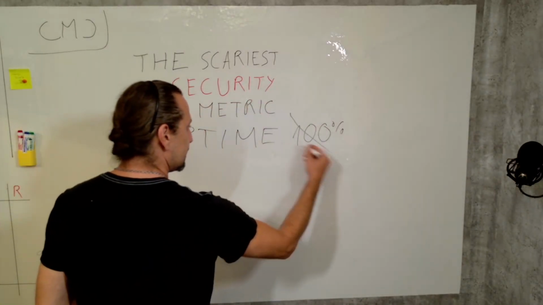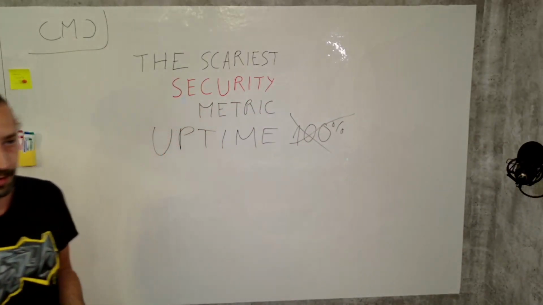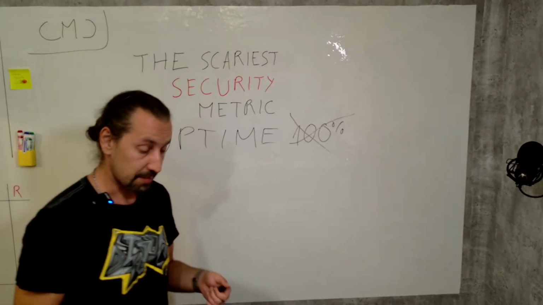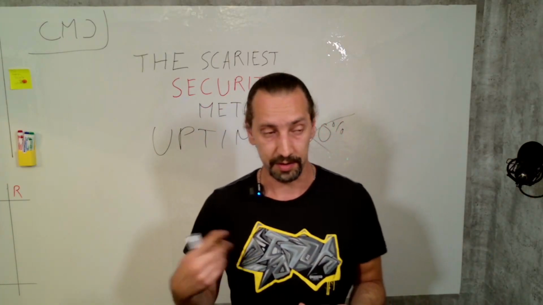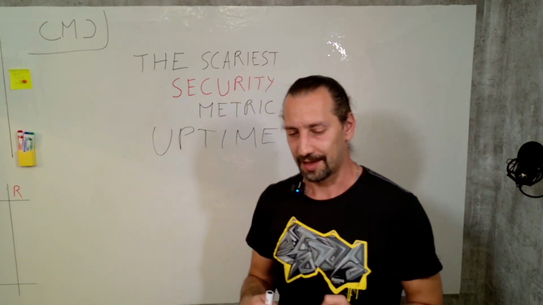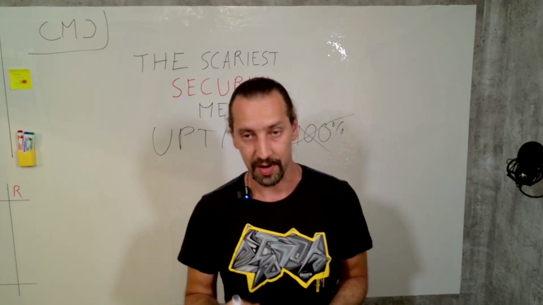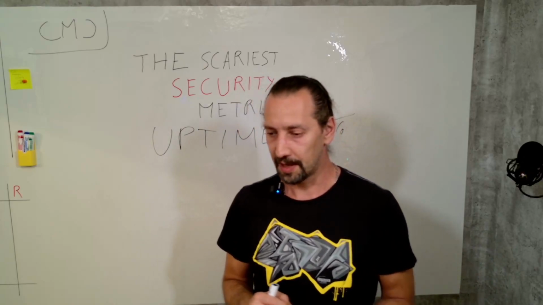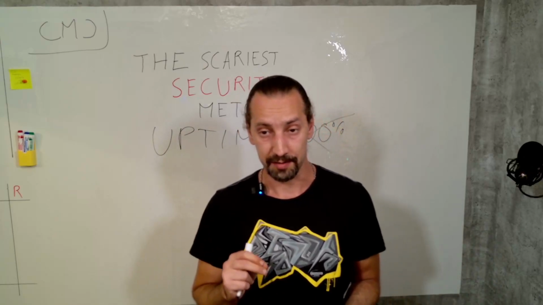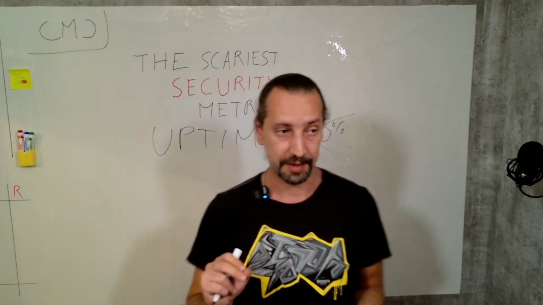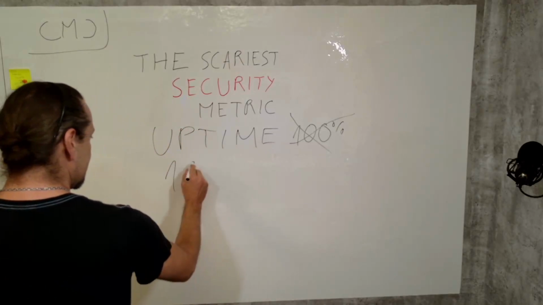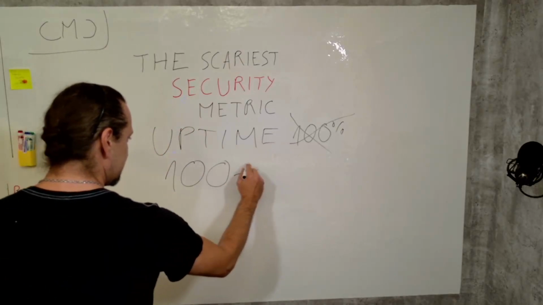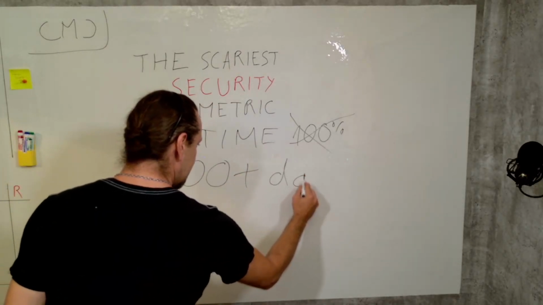But this is not what you should be looking for, because, I don't know where I heard this quote, the scariest thing to see is a server with a 100-day uptime. So, 100 plus days.